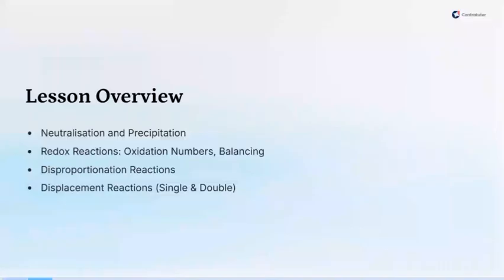Then we'll also go into disproportionation reaction and displacement reaction. It might not be much content we'll be treating today, but that's all we have for this week. So let's head into the lesson straight away.